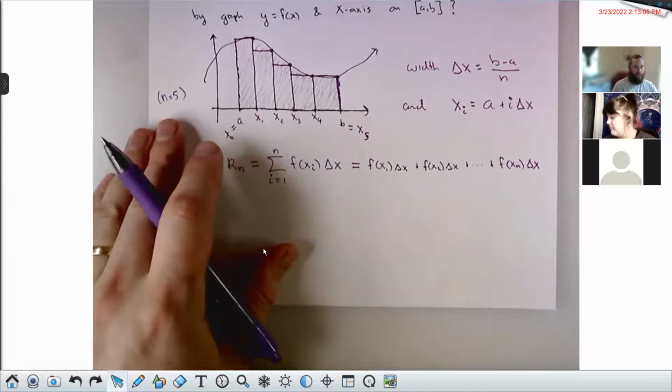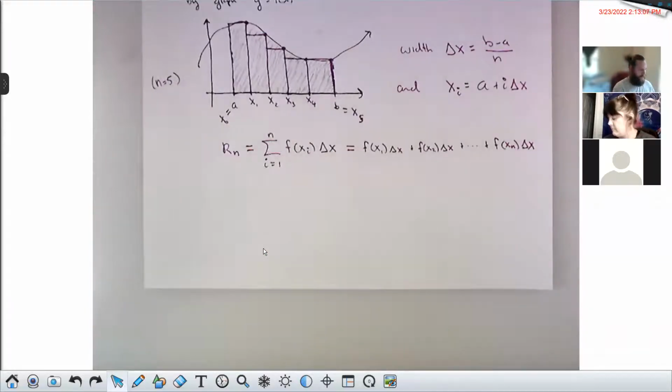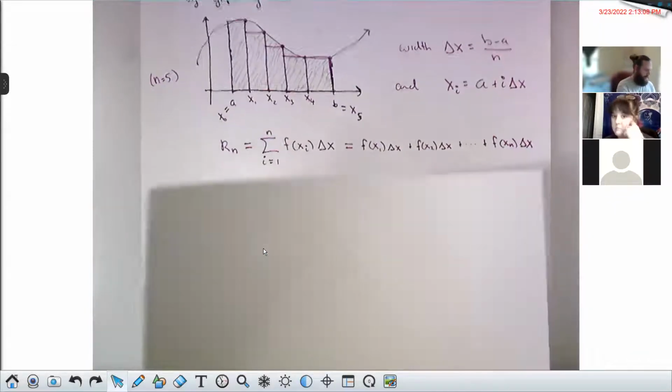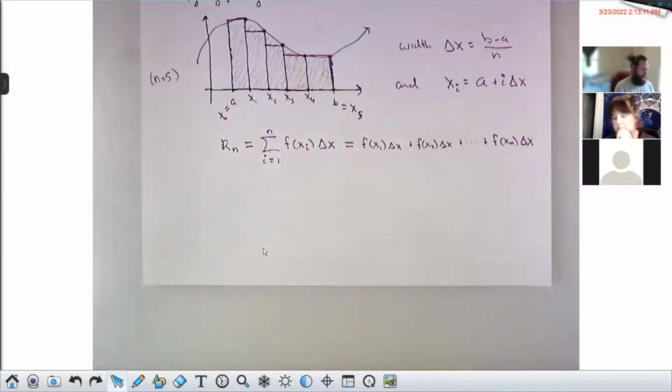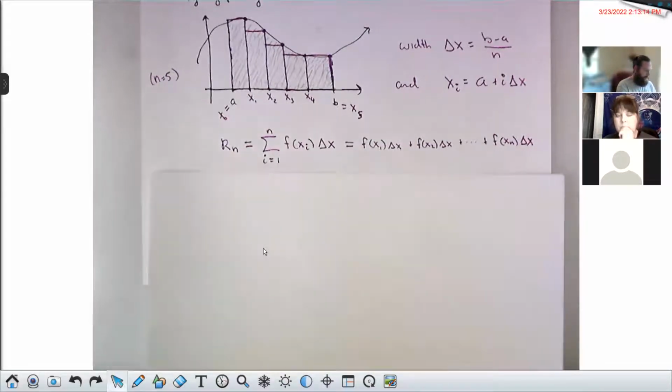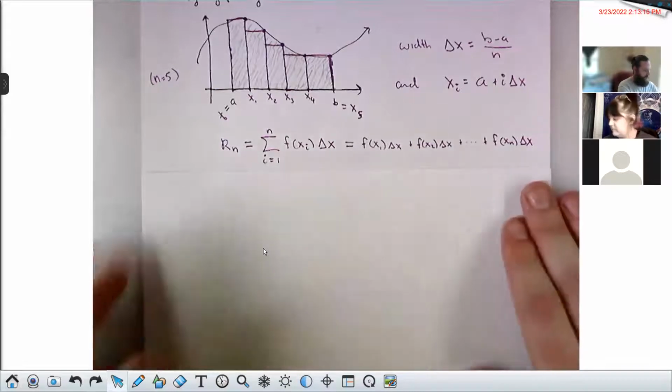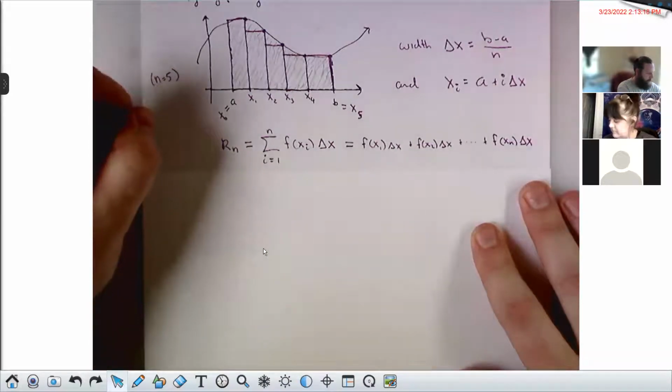We discussed that it is possible to construct these rectangles a few other ways. This was with right endpoints.